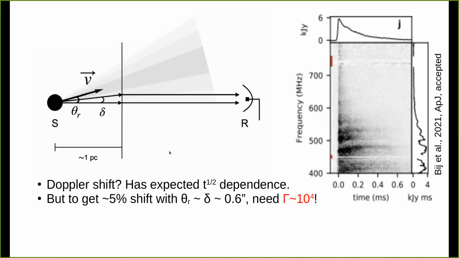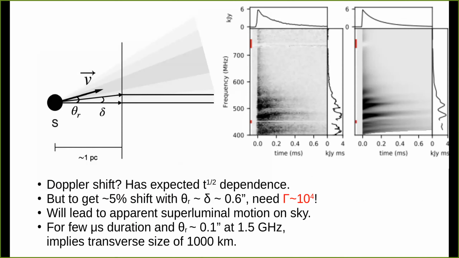Now, because this is such a crazy small angle, less than an arc second, the only way you can get this to work is if this is moving highly relativistically with a gamma of about 10,000. Just very quickly, this sort of works. We can make a simple model where we take the initial spectrum, shift it and decay it, and that works.